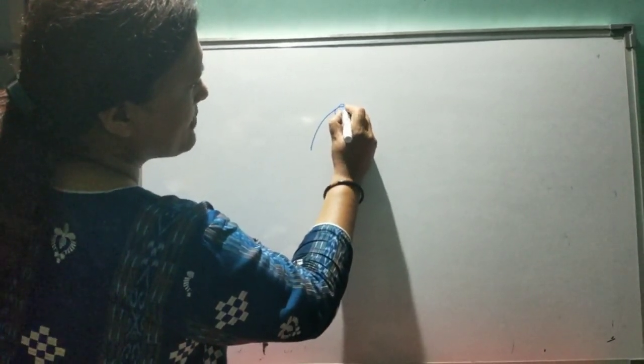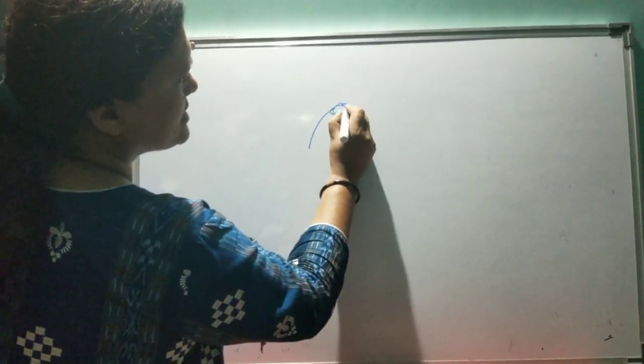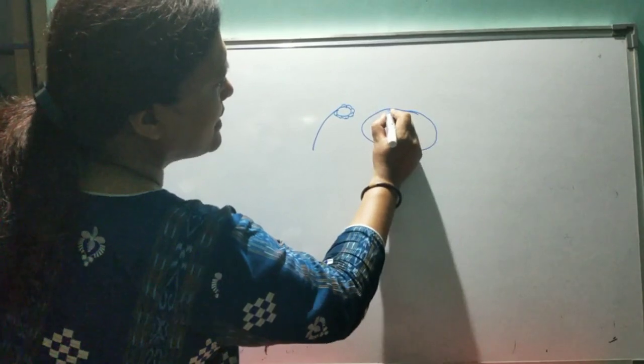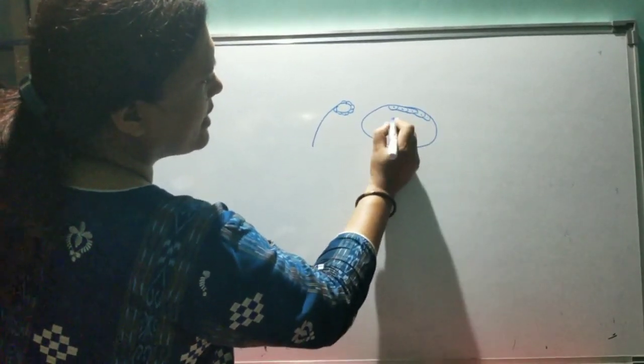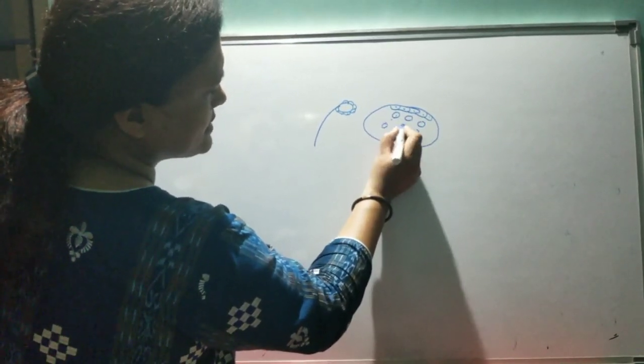Inside the anther, first, a single epidermis layer develops. This epidermal layer covers the parenchymatous tissue inside it.